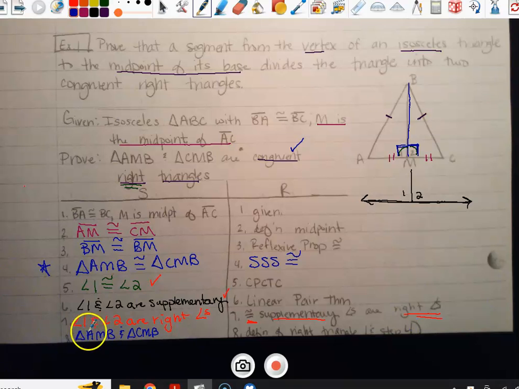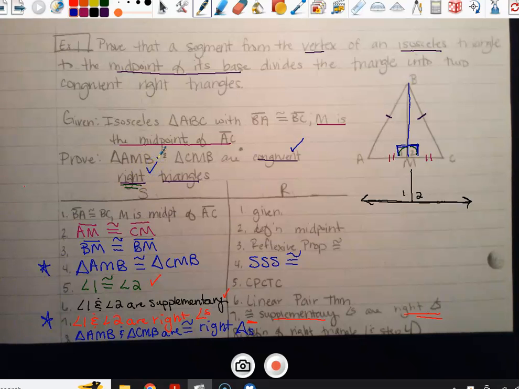So triangle AMB and triangle CMB are congruent, which is what we were going for, right triangles. So we just proved that they were right triangles here. So they're congruent right triangles. And so we just proved both of those things.